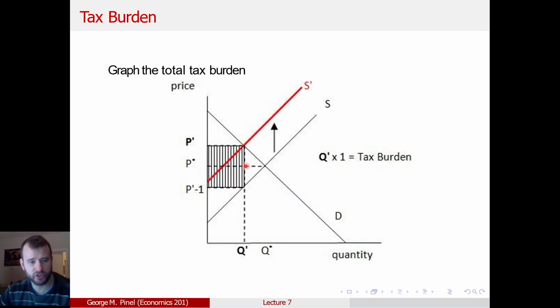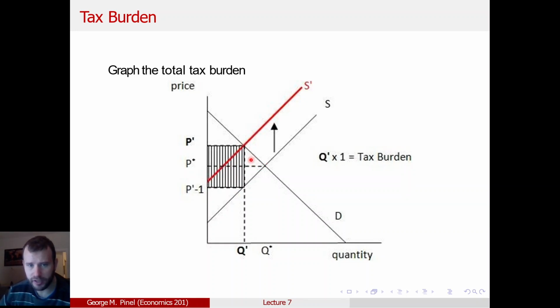You cannot get consumer surplus or producer surplus on things that you're not consuming or producing. You can only get consumer surplus on the things that you consume, and producer surplus on the things that you produce. Everything from here to here is no longer being produced or consumed.